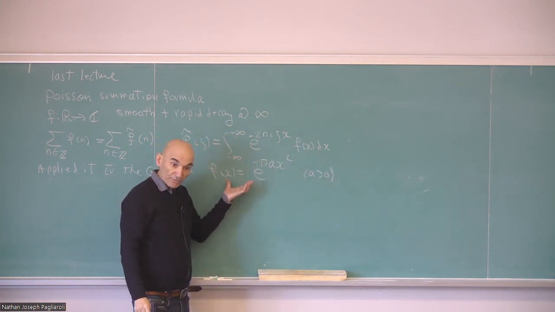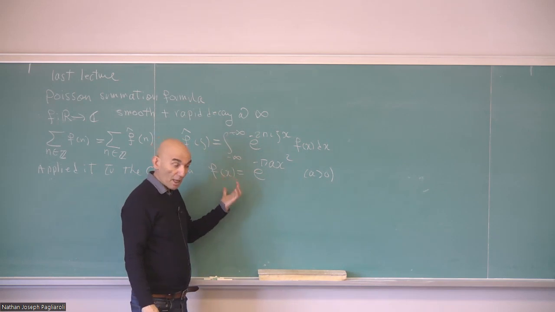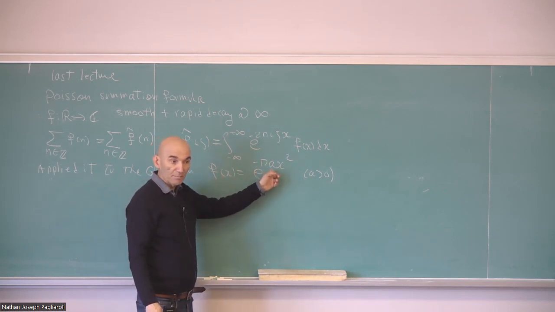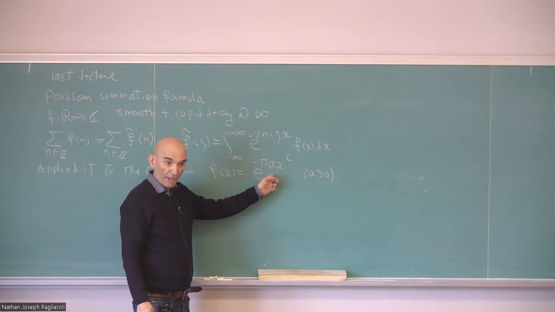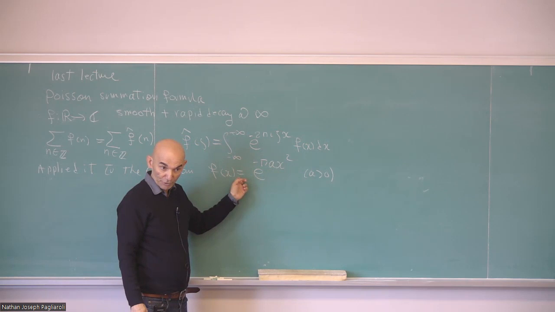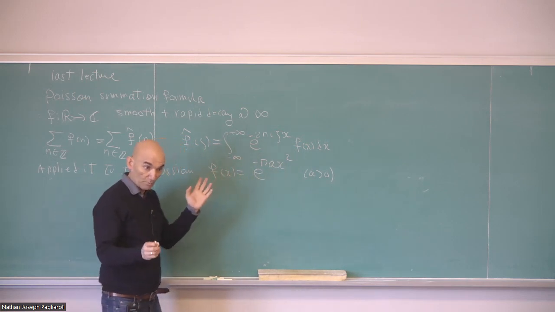So the Fourier transform of a Gaussian is again a Gaussian, but the difference is that the parameter here is 1 over a instead of a, and there is a coefficient that appears in front of the Gaussian. These are both important.